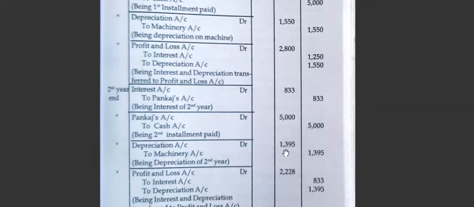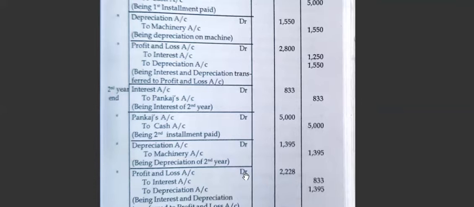How did you get this? See, 15,500 is the cash price minus the depreciation of the last year, 1,550, you will get 13,950.